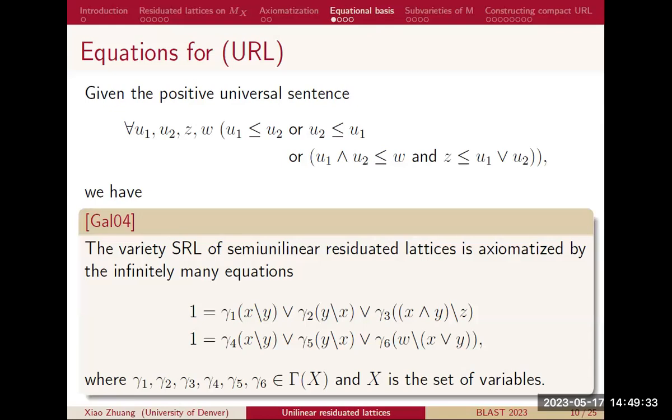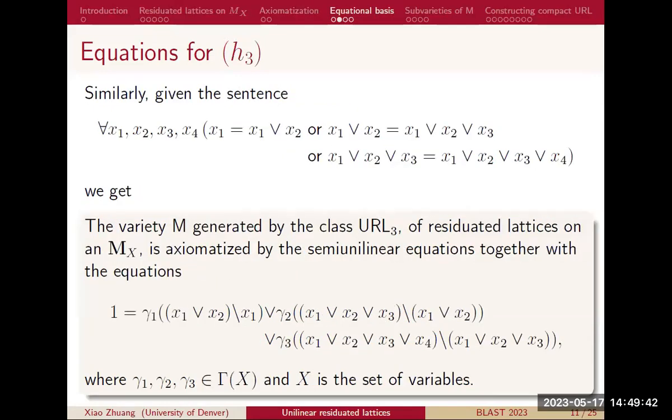So for the axiom URL, we provided those two bunches of infinite equations to axiomatize that. Similarly, we can do this for the height 3, h3. We also use the equation at the bottom to give the equational basis for that. So why do we want to give the equational basis?